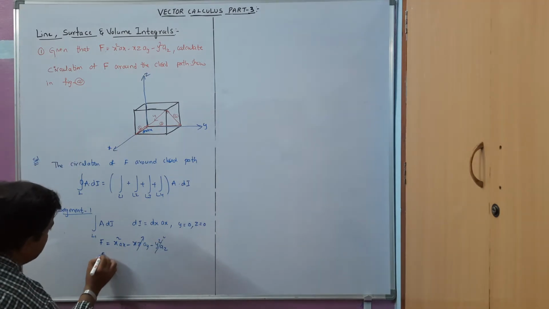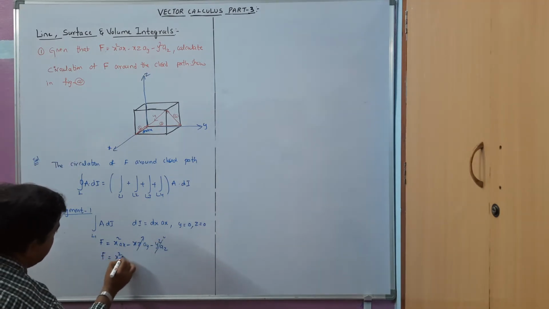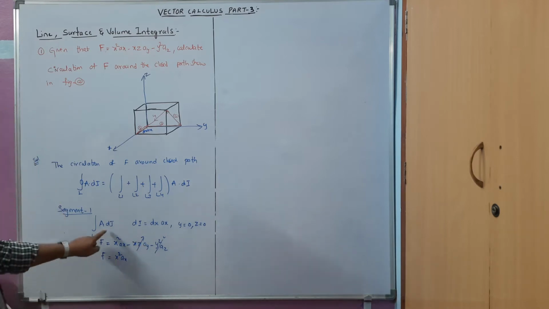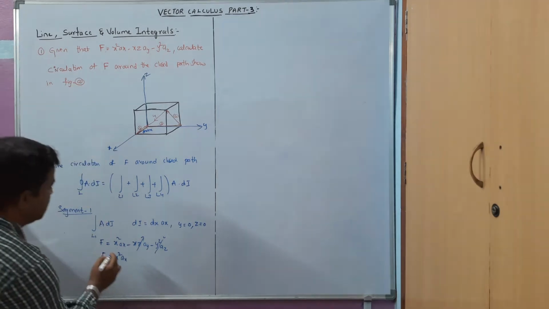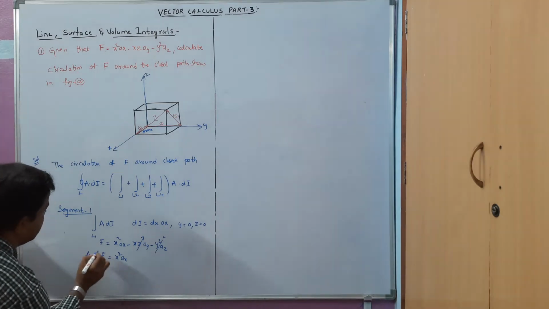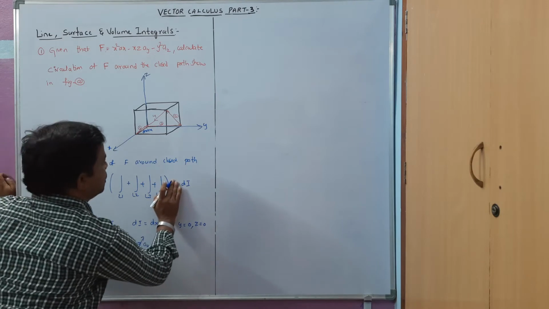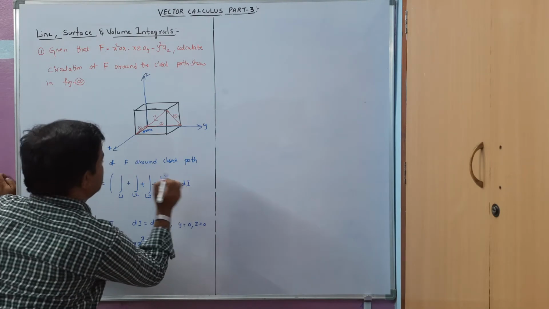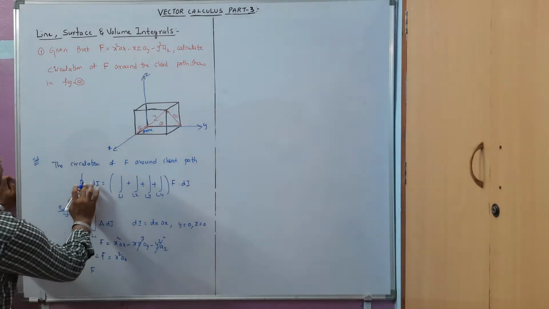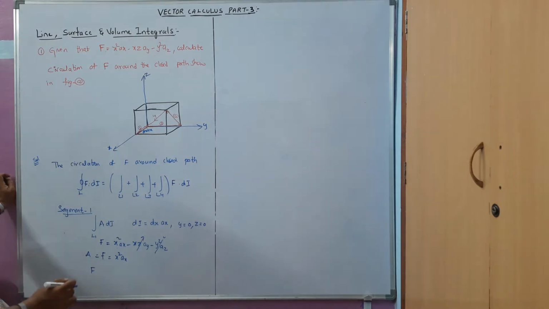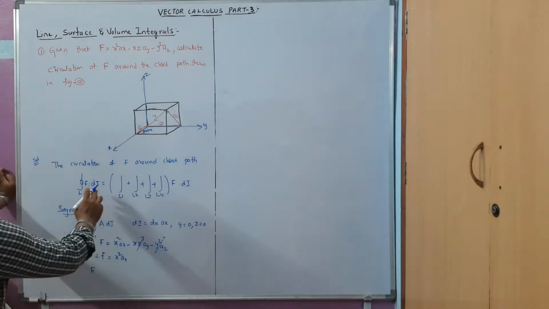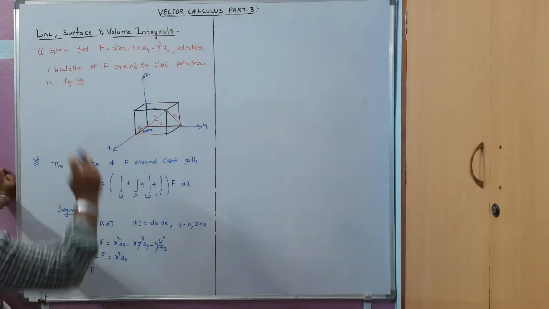So we are left with F equal to x square ax only. Now in place of A, he has given F here. So we take F dot dl instead of A dot dl, so that we should not get confused. In place of A he has given the vector F here.